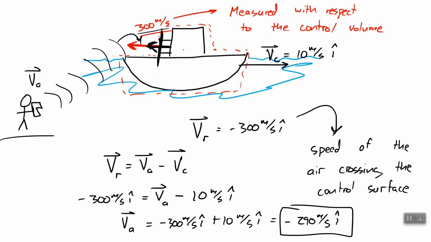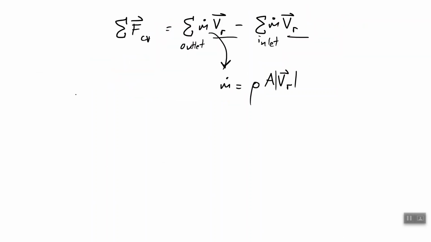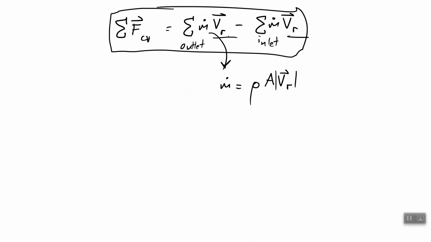And you see, since our velocity was already measured with respect to the boat, it said 300 meters per second from the nozzle, then we know that this is already the relative velocity, and that the absolute velocity will be different, but we do not need it, because while doing our force balance, we must use a relative velocity.